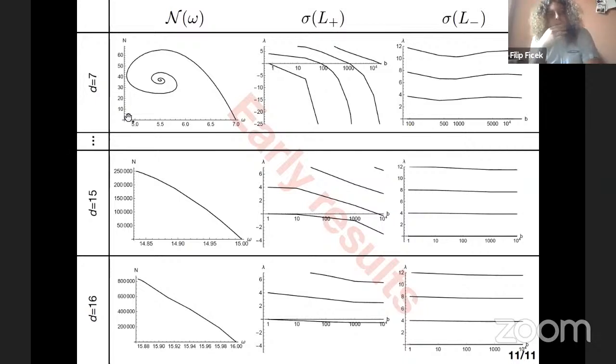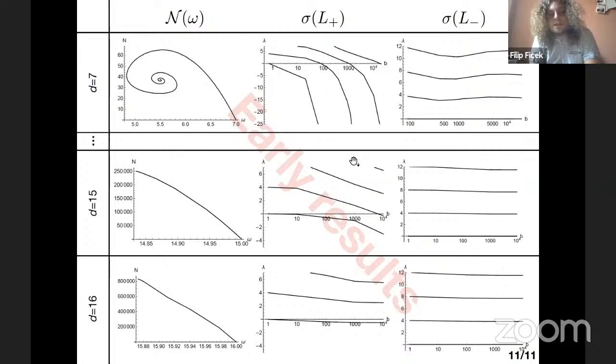Now we can move to dimension 15, and now it is not visible because of the scale of this plot, but also there exists a very tiny spiral in this case. And in fact, the situation is qualitatively the same as in dimension 7.